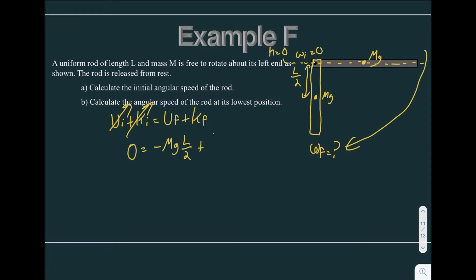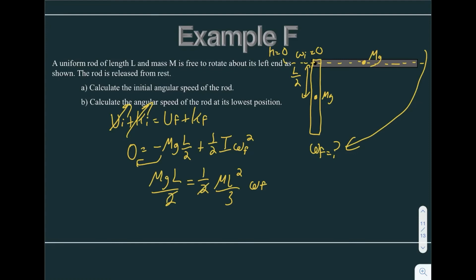And then Kf, well, that's 1/2 I omega squared. And that omega is what we're solving for. So we're almost there. So next line we'll have mg L over 2, move that over to the left side, equals 1/2 times I. We know what I is, we just found it. It's mL squared over 3 times omega f squared.